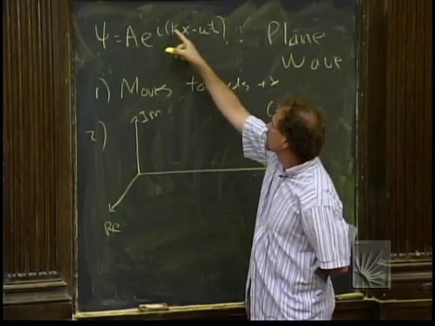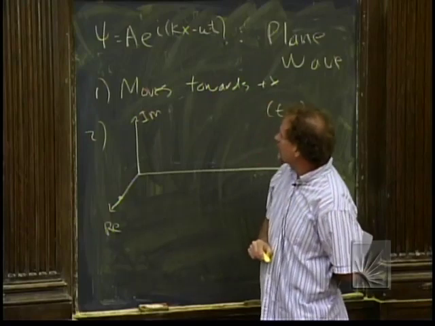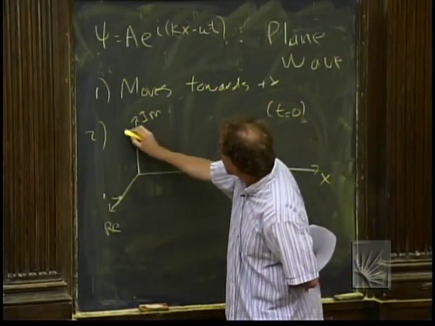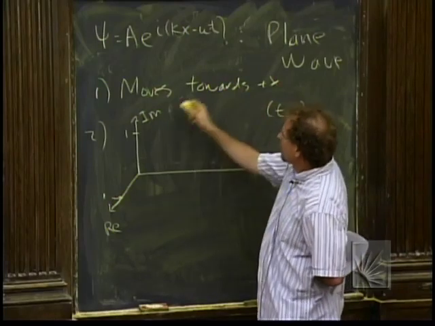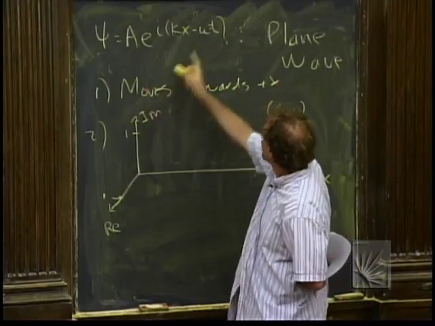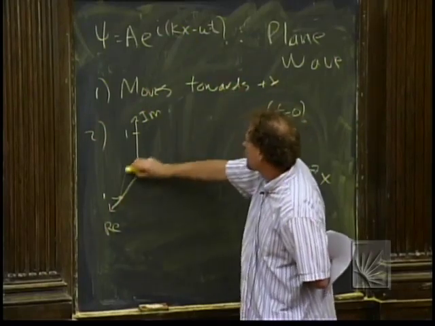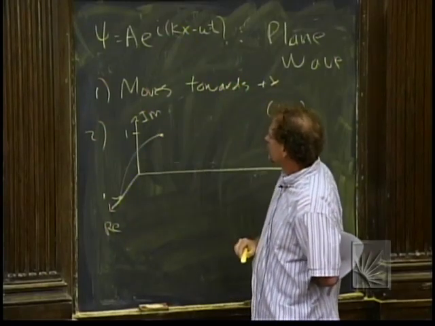With x is 0, this is 1, so that's my value. Let's say this is 1 here. There's 1 on the imaginary axis. And then as x moves on, when k times x is pi over 2, we've come up to here, okay?